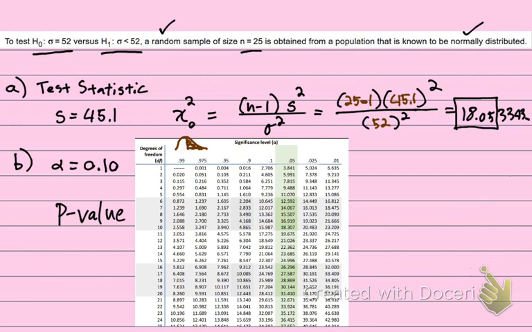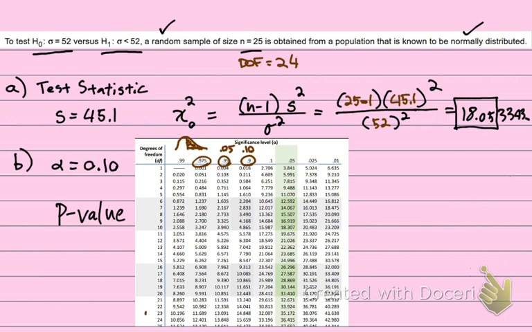So instead of looking at the right-hand side, at 0.10, we're going to look over here at 0.90. Okay, and then 0.95 would be the 0.05, 0.975, and so on. So we look at our degrees of freedom, which is 1 less than the sample size. So our degrees of freedom is 24.